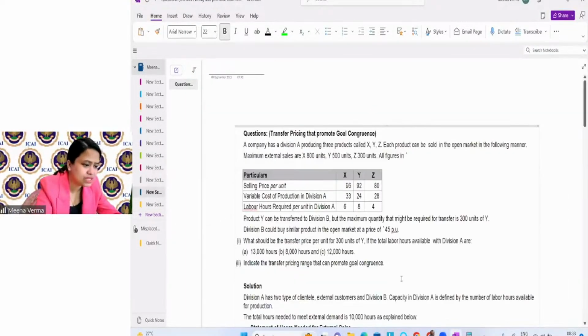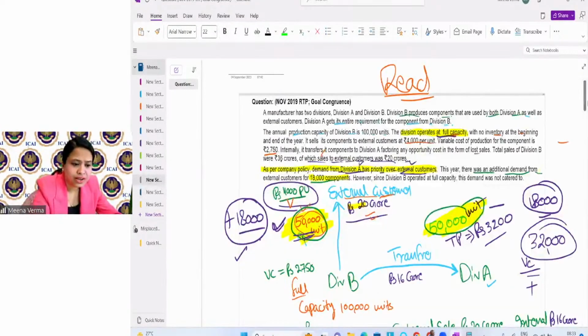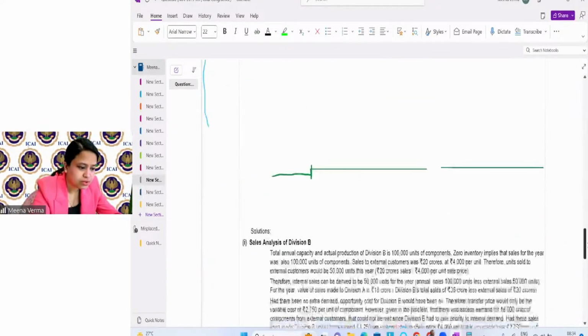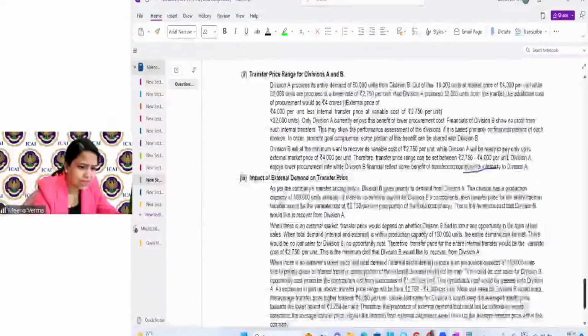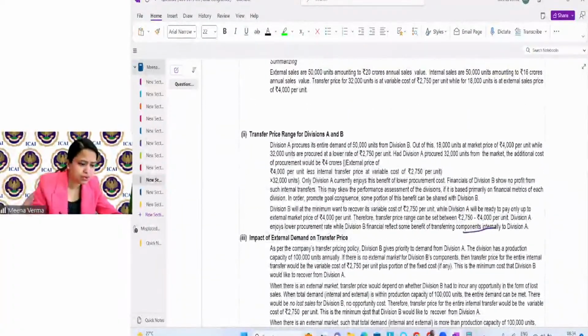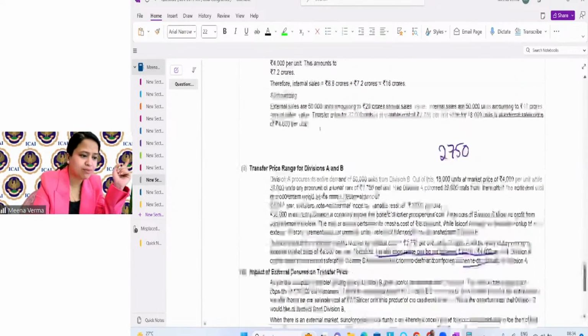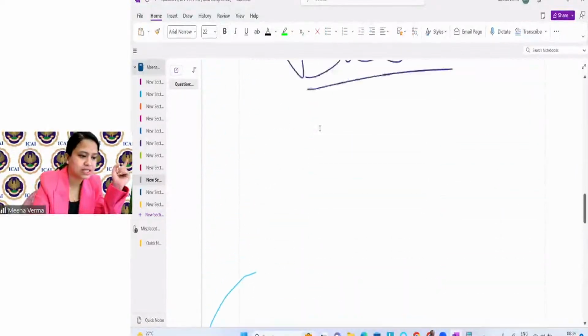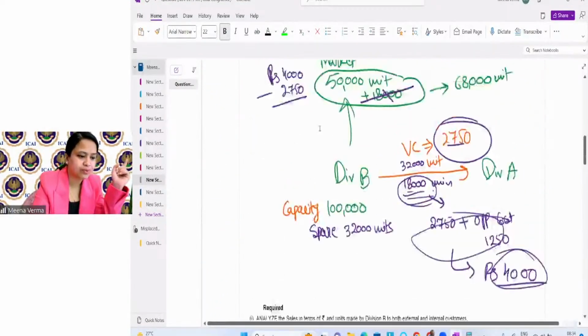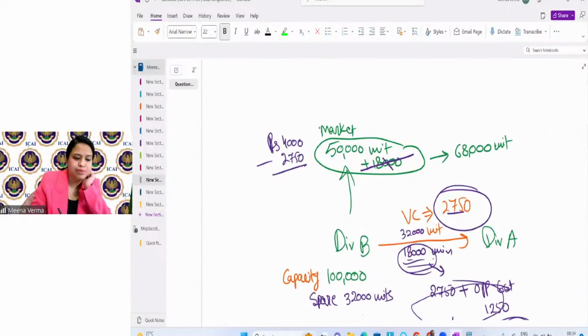Same way, I told you whatever explanation I gave was enough for you, right? If you go through this, I explained you everything, and you will find the same thing. Like here also, they have decided the transfer pricing can be set between this, right? I told you the minimum transfer price they will charge is 2750. This is the minimum price they will charge.